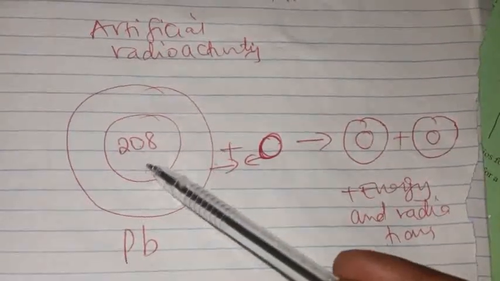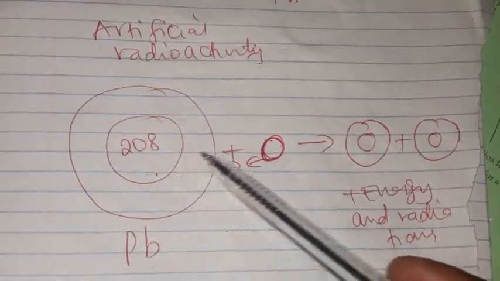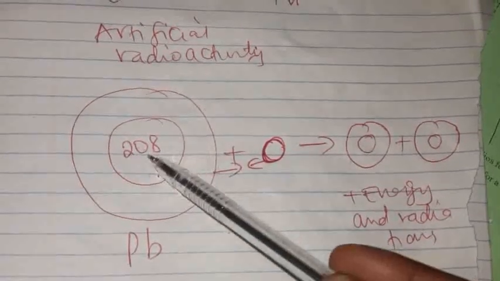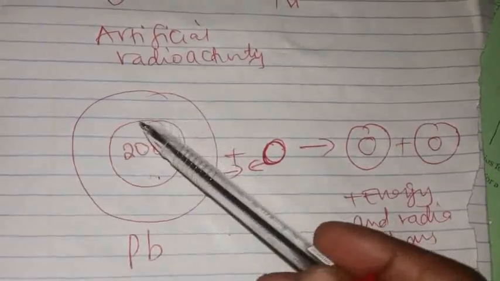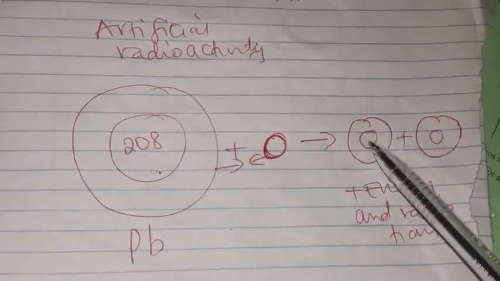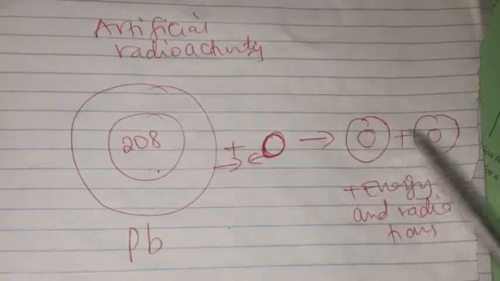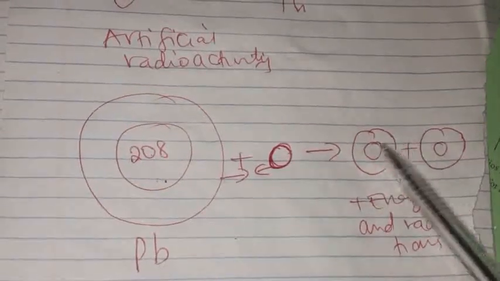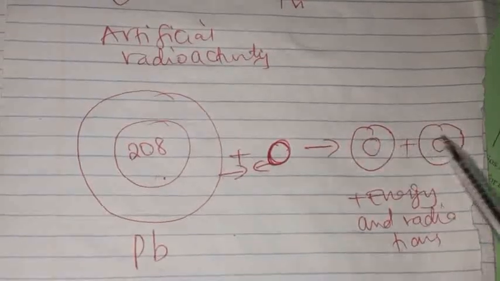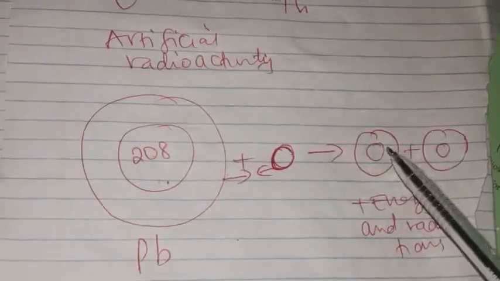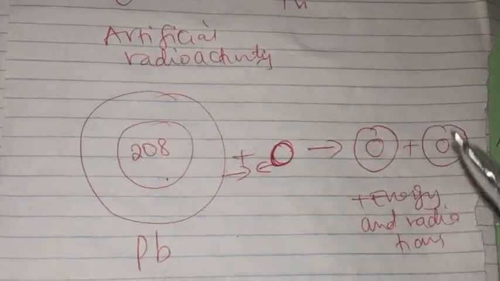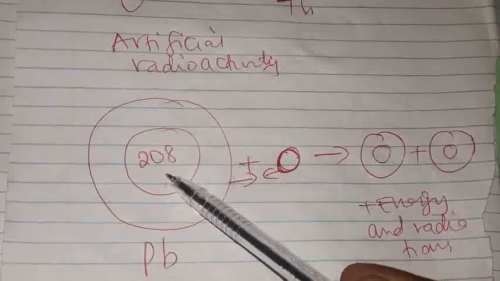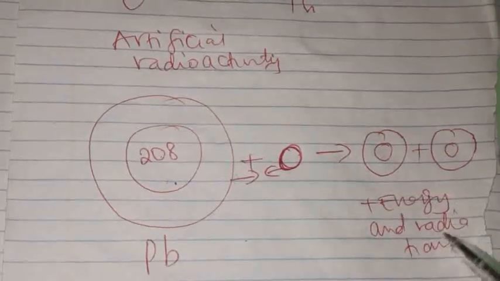The first nucleus, the second nucleus. Of course, the different nuclear composition or constitution in terms of the number of protons and the number of neutrons. To accompany these two nuclei, we also have energy and radiations.